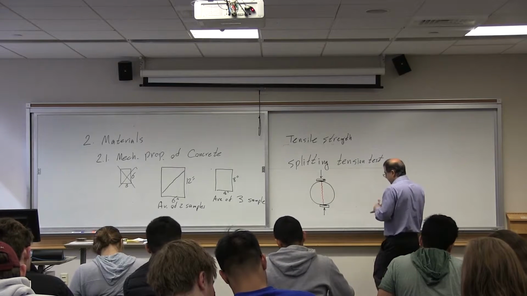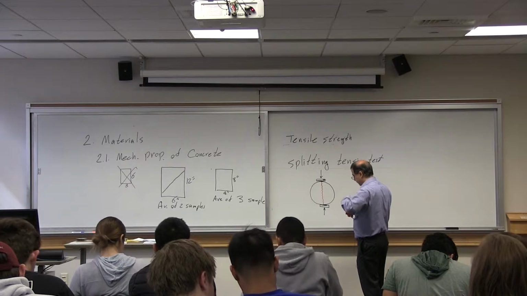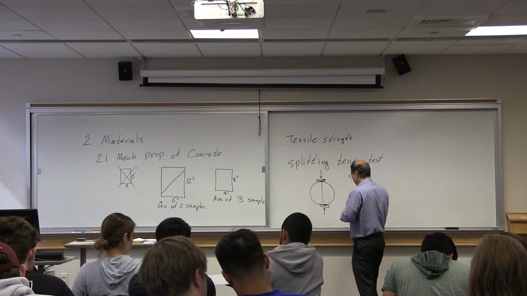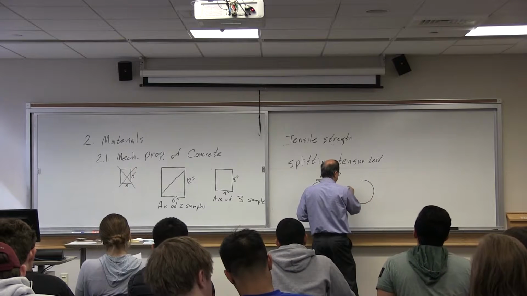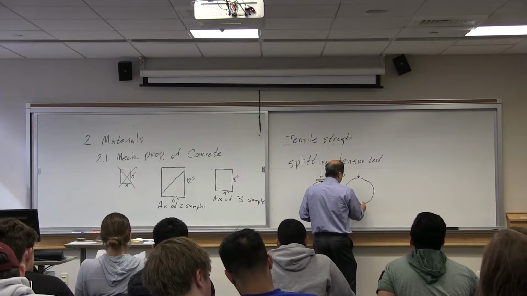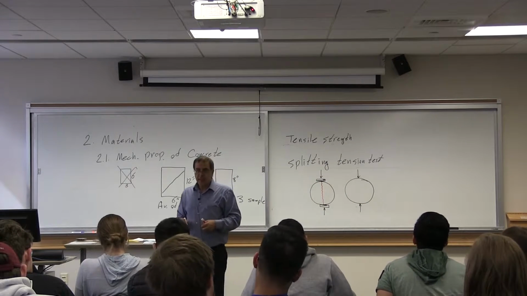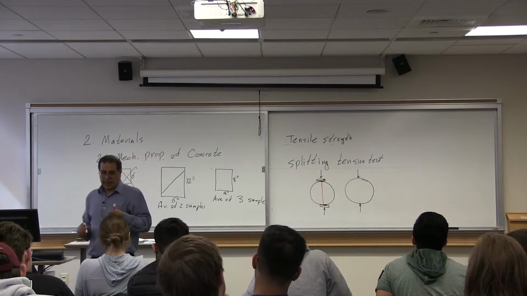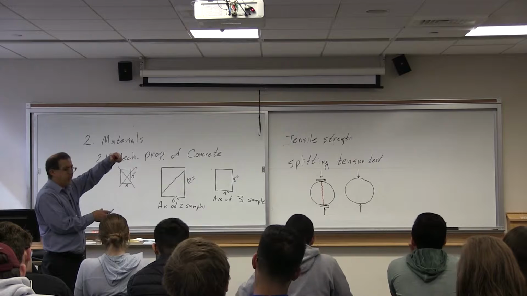There are different ways of explaining why this happens. One way, based on your knowledge of statics, if you apply compression like this, at the top and very bottom you have a small area.